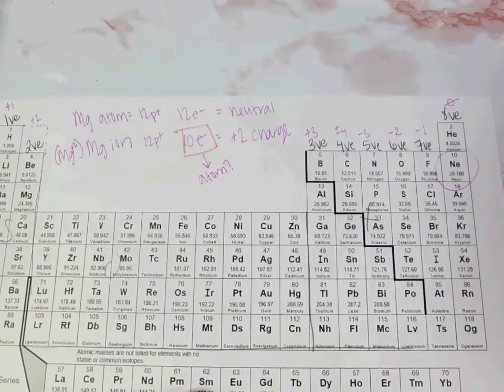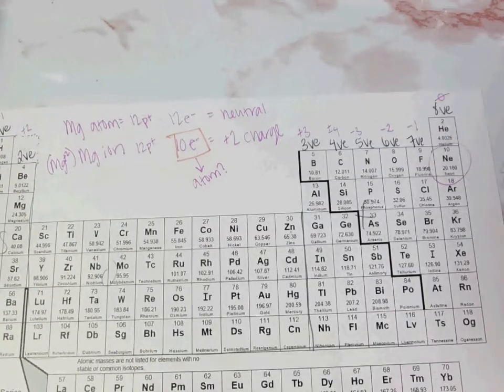Since magnesium's goal in becoming an ion is to become stable, it's going to try to replicate the electron configuration of something that's stable. All of the elements are going to have a specific noble gas that they're trying to look like, a noble gas configuration that they're trying to attain. Does that make sense? Okay, so it's trying to look like neon with 10 electrons.